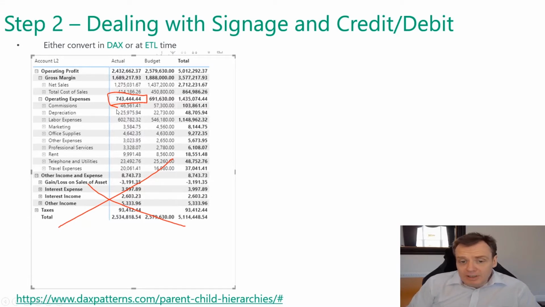Now, there are two ways of doing this. You can either do this in DAX, or I prefer to do it way before that at the ETL time, so I'll get a clean set of data before I start. If you do want to do it in DAX, there's a great link there to where the Italians, the SQLBI guys, have an example of how to do that.